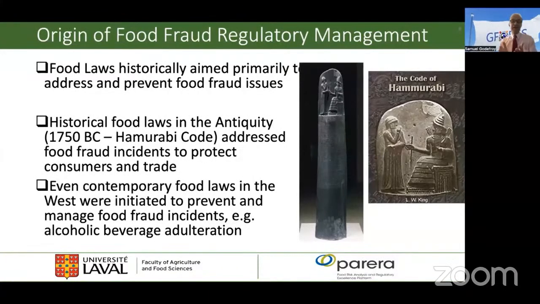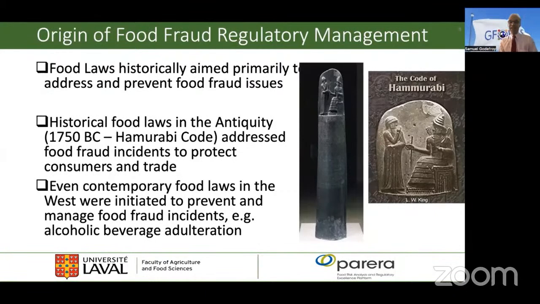And in fact, the Hammurabi Code was found to be one of the first texts of law that aimed to punish situations of alteration, for example, of measures and weights related to food production.